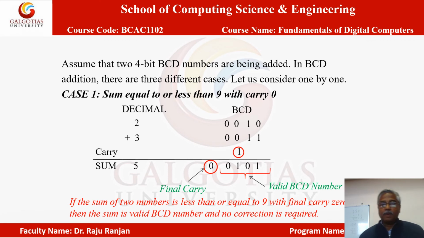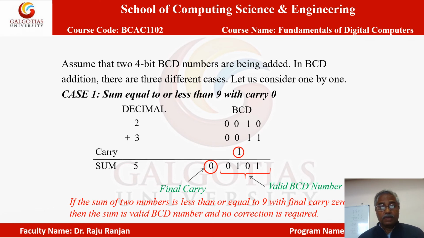So we will perform addition here. 0 plus 1 is 1, 1 plus 1 is 0, carry 1, then 1 plus 0 is 1, then 0 plus 0 is 0, no carry is generated. So our sum is 0101, it is equal to 5 and it is a valid BCD number.